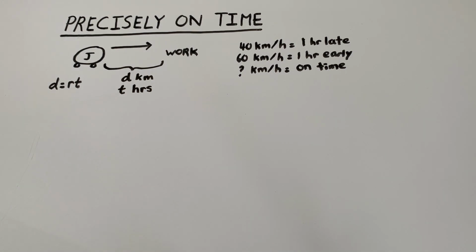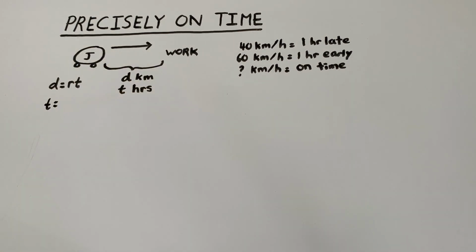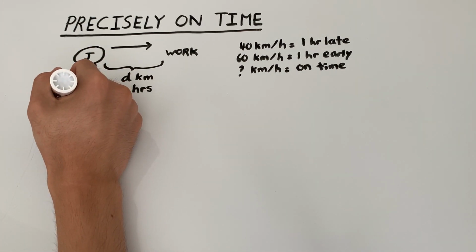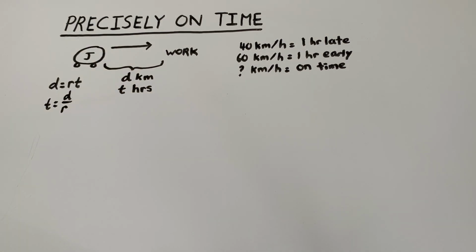Then from our equation, d equals rt, we're going to arrange it for time, and to do that, we'll divide both sides by r, and we'll get t equals d over r.